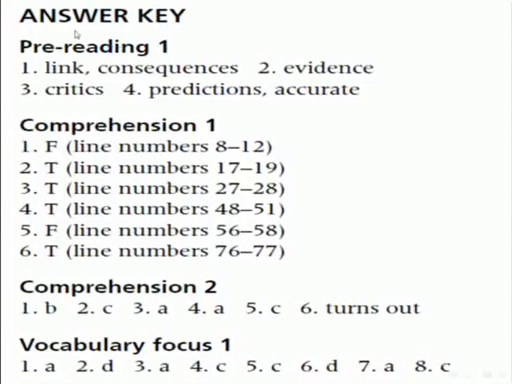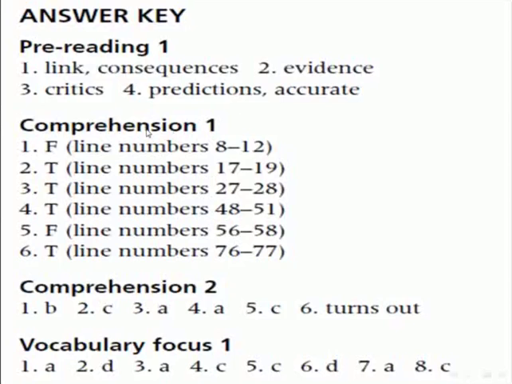Now, this page is the answer key for the exercises that we have had so far since the beginning of this unit. For example, in pre-reading exercise number 1, the answers: number 1, link, consequences; sentence 2, evidence; sentence 3, critics; sentence 4, predictions and accurate.